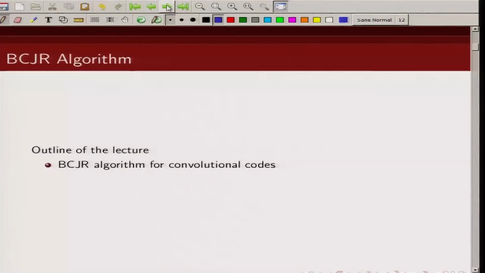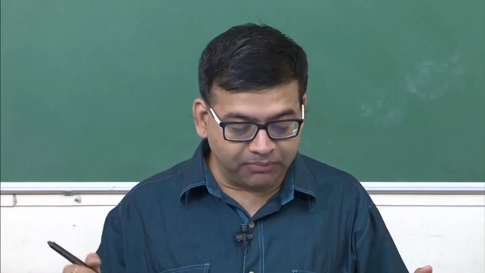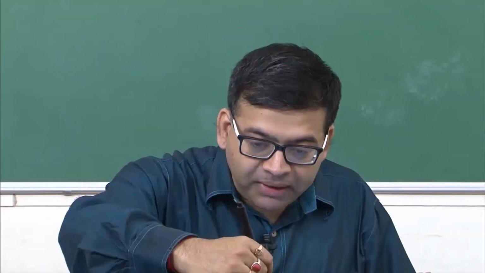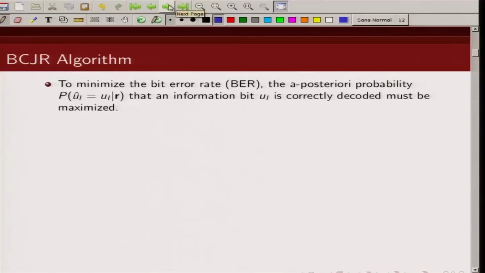Now, that does not necessarily minimize the bit error rate probability. In many applications, we are interested in minimizing the bit error rate. So, today we are going to talk about a decoding algorithm which is going to minimize the bit error rate probability, the symbol error rate probability.